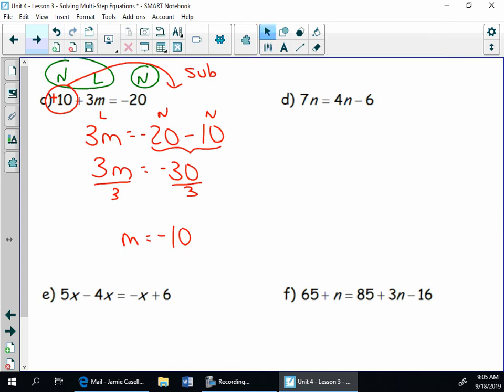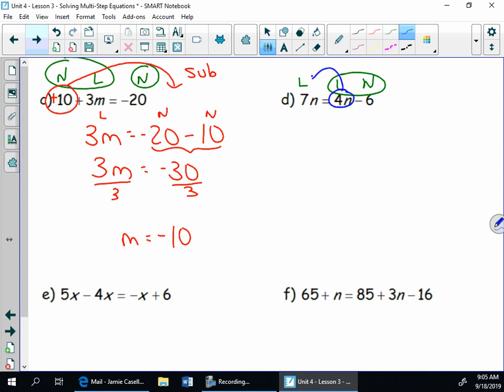Let's take a look at D. It's got a letter, a number. What's in the wrong spot? I've got a mixture of letters and numbers over here. That's my problem. Let's take the letter this time and move it with the other letter. So I've already got 7n. The 4n's going to join it. What's it doing right now? It's adding, a little plus sign right in front.